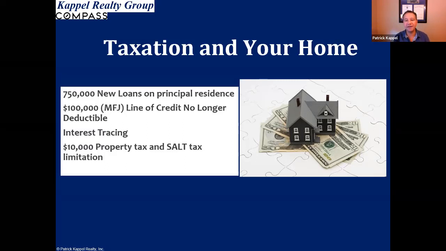They can write off every single penny of interest that they make towards that loan payment throughout the year. If they get a $750,000 loan, they're fine. They can still write off every penny of interest that they make towards that loan throughout the year as a tax write-off. Now, obviously, if they get an $800,000 loan, they can only write off $750,000 of the loan.